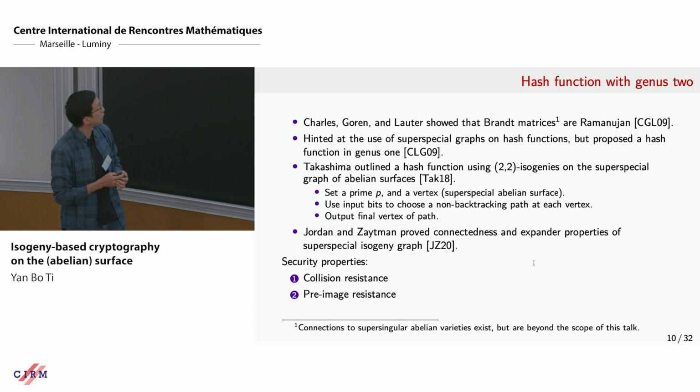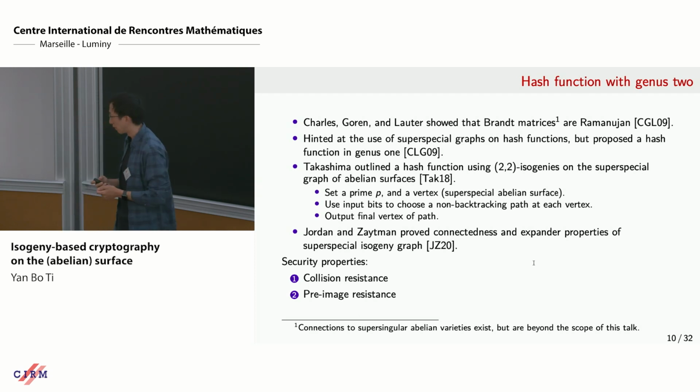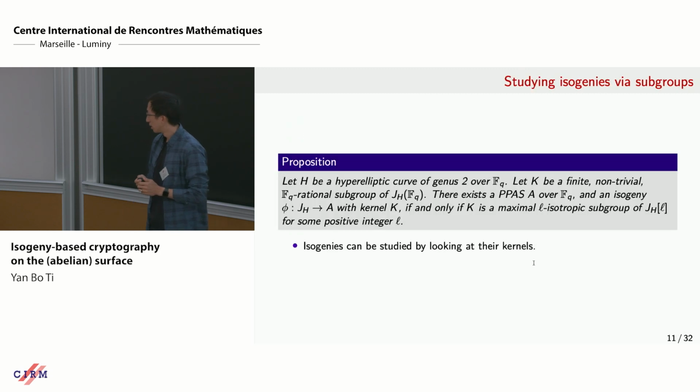And so the security properties of collision resistance and pre-image resistance still hold, right? You want this to hold true for a hash function. So we're going to look at collision resistance in particular. To understand all these graphs and hash functions, you need to understand the isogeny graph better. The isogeny graphs are huge, so you need to get a handle on them.